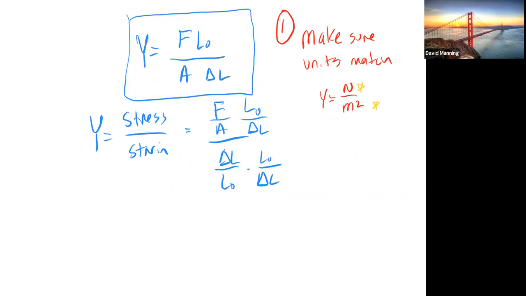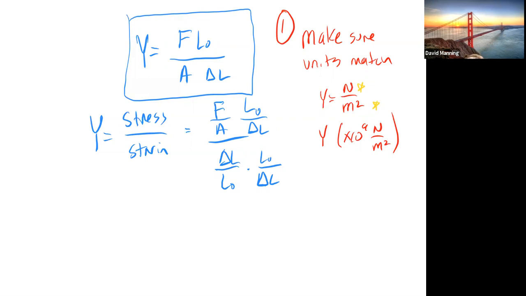You've got to convert it. Also, in the chart on page 180, all Y's are times 10 to the 9th. When you see aluminum is 70, that's 70 times 10 to the 9th. That's the number one thing.